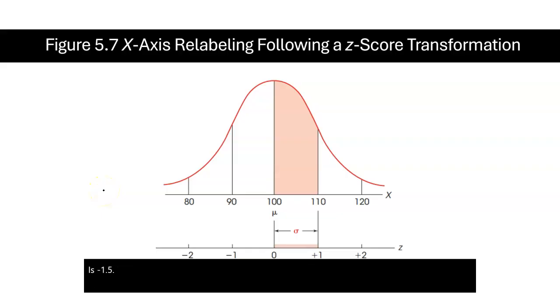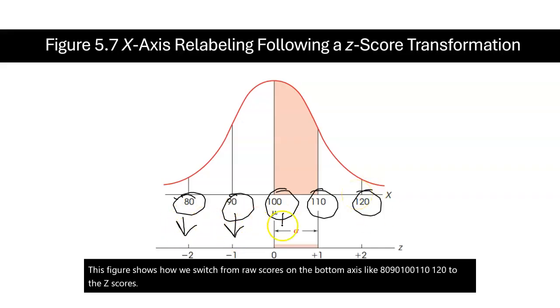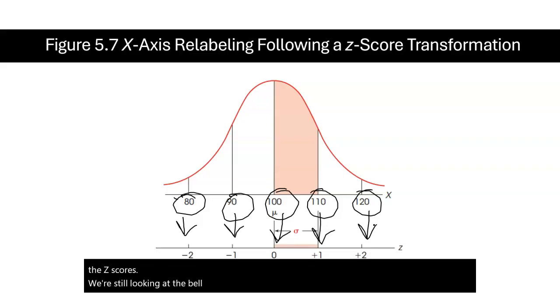This figure shows how we switch from raw scores on the bottom axis, like 80, 90, 100, 110, 120, to the z-scores. We're still looking at the bell-shaped curve, and the high and low ends remain the same.